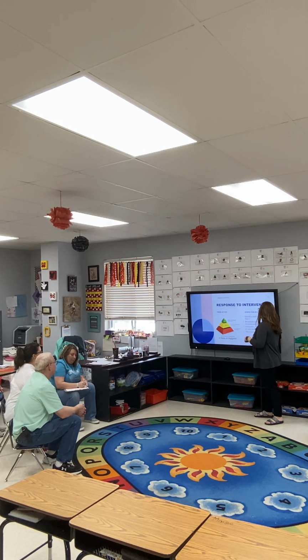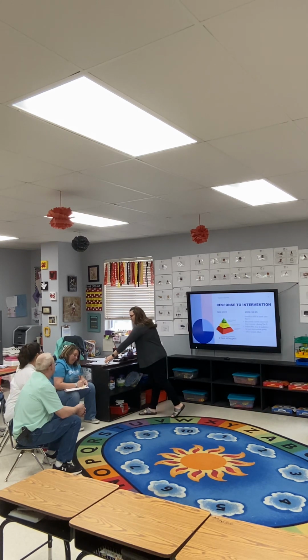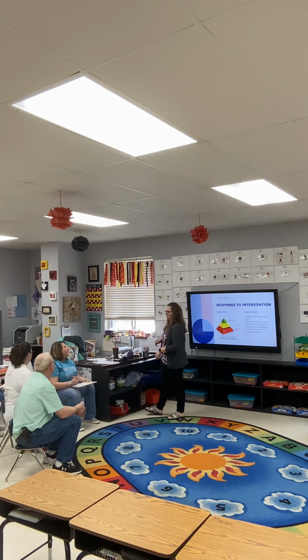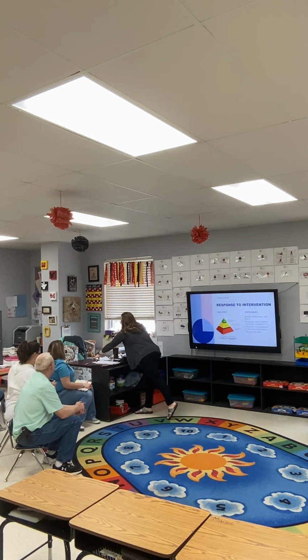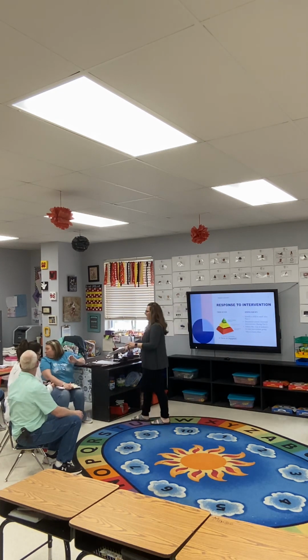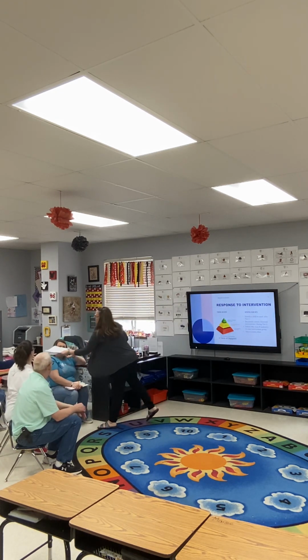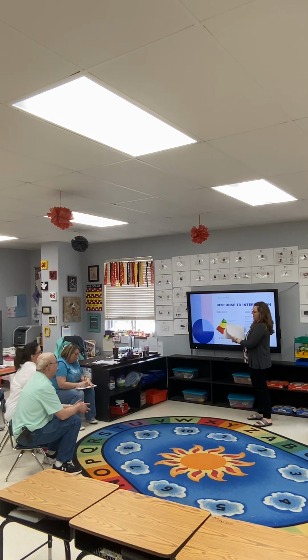Document current classroom interventions. You want to write down everything. I have a notebook where I write down everything. And this isn't formal or fancy, but I'll write down what I did and it'll have the dates on it.